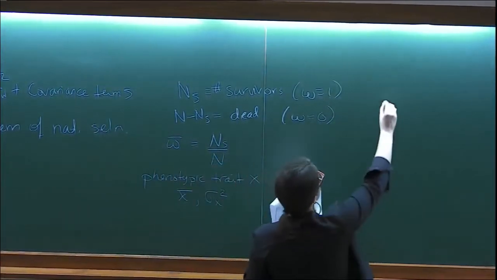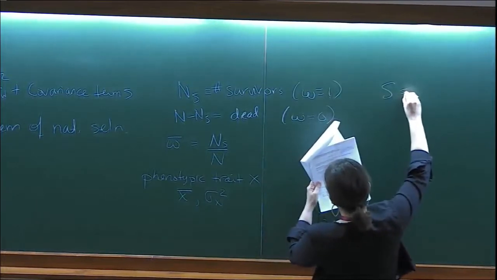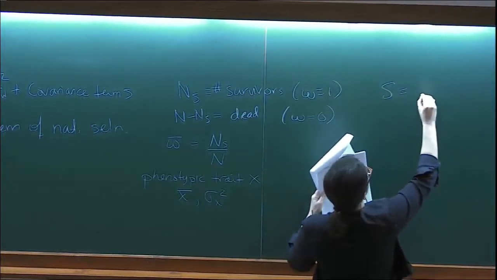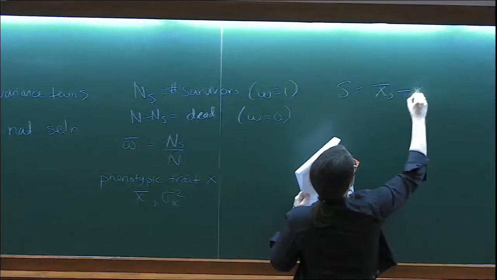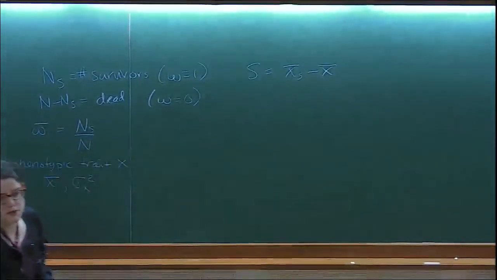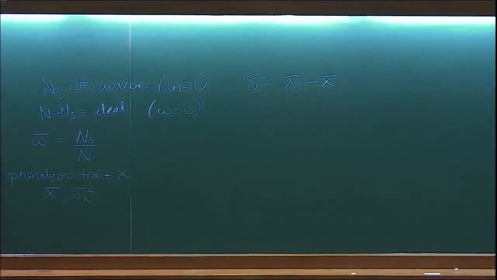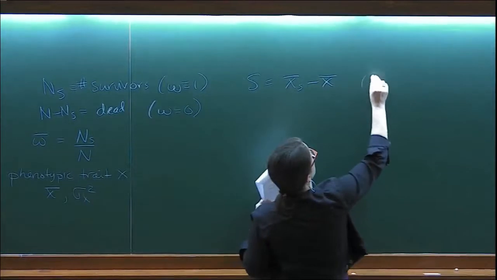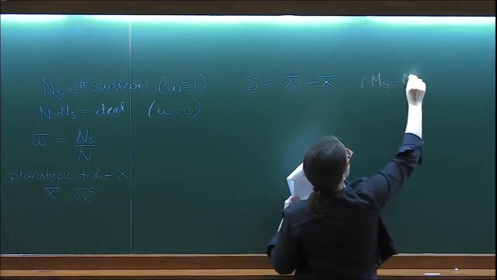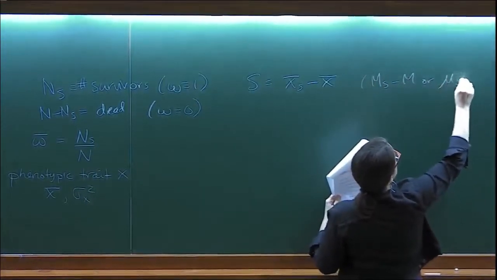It's the selection differential. I don't remember what I used earlier, but now we're going to do this. It's just the difference in the mean of those who survive for this trait and the mean of the population as a whole. I think earlier we might have written it as minus m or mu.